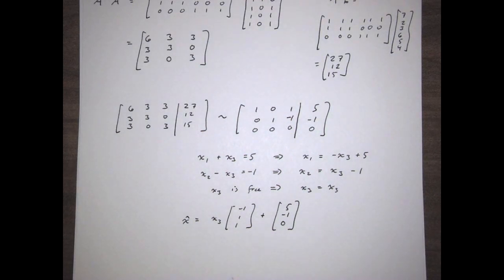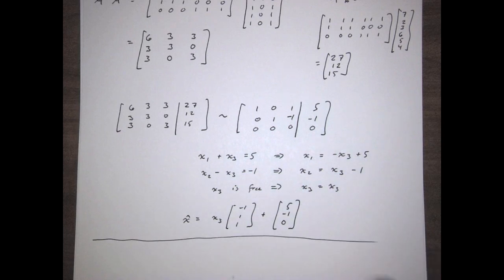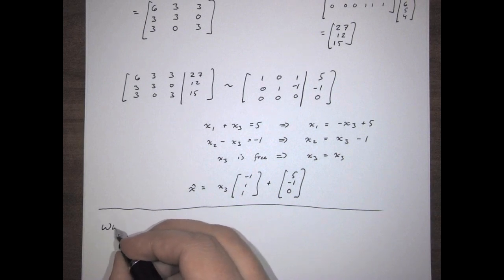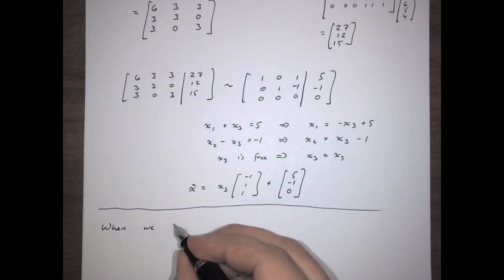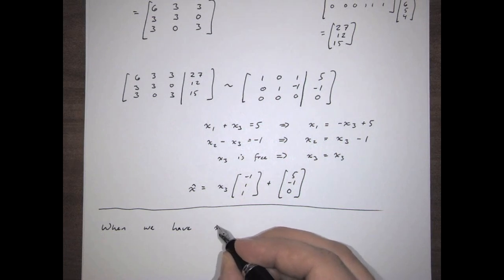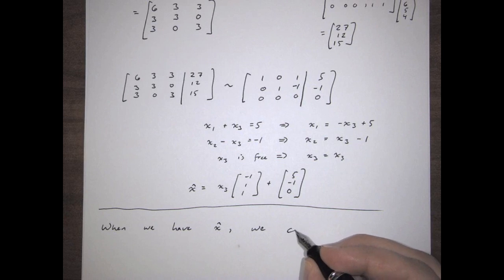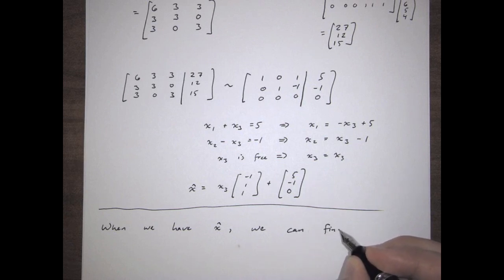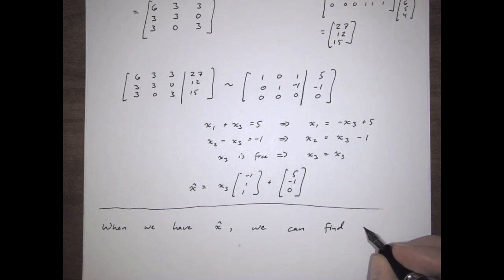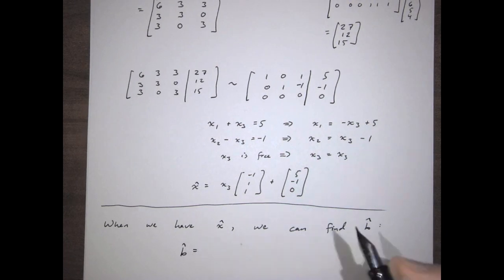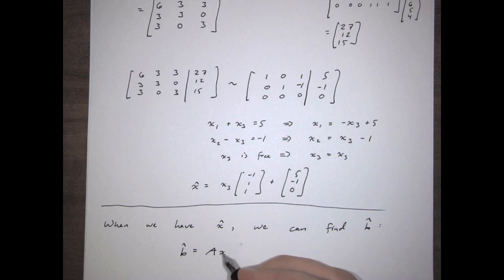Now, when we have found x hat, we can find b hat, and that was, remember, the relationship between them, b hat equals A x hat.